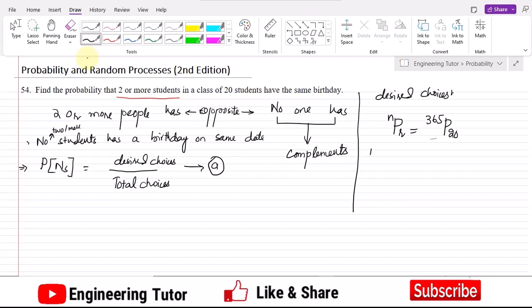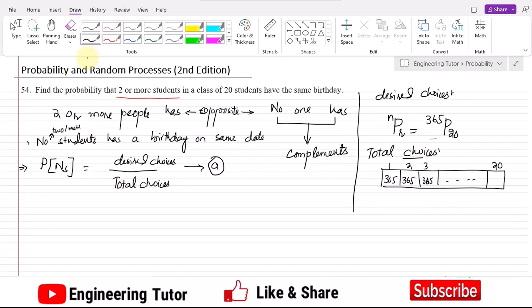Now, to find the total choices, consider the 20 slots, 1, 2, 3 up to 20. For each student any day can be their birthday, so 365, 365, 365.